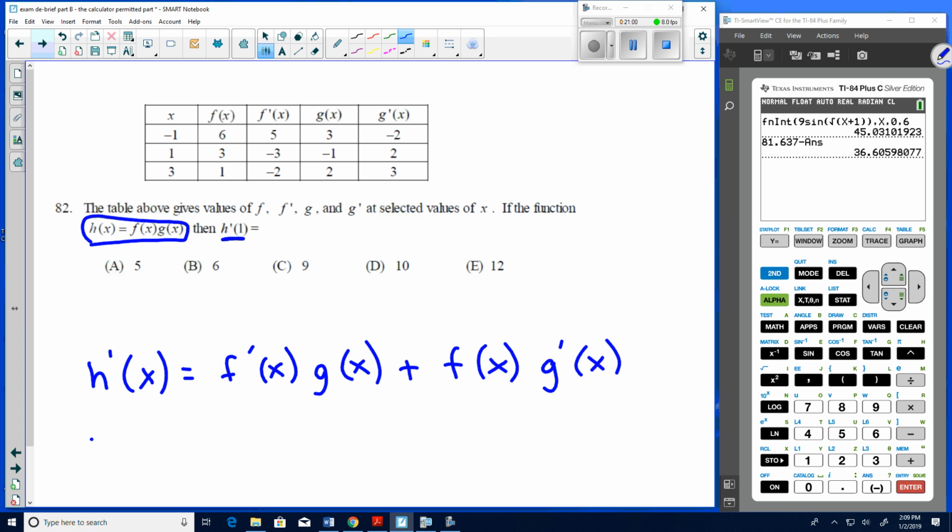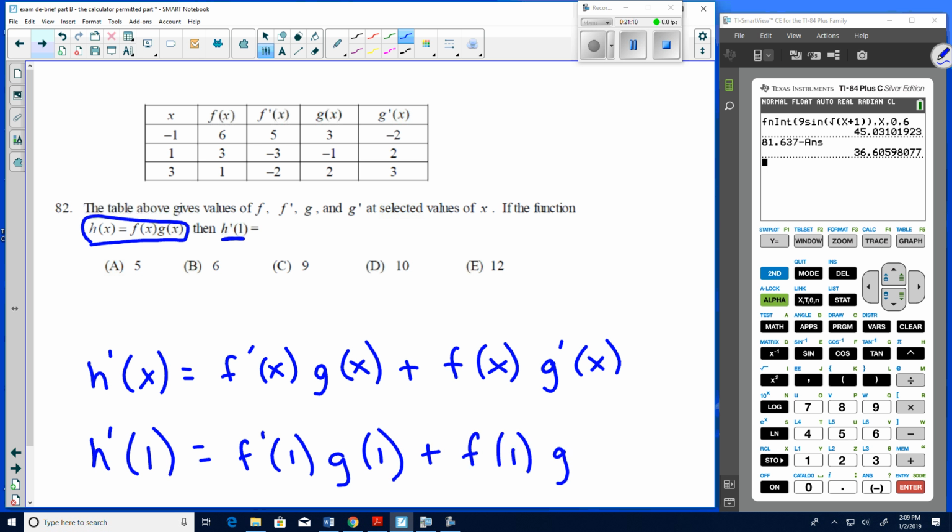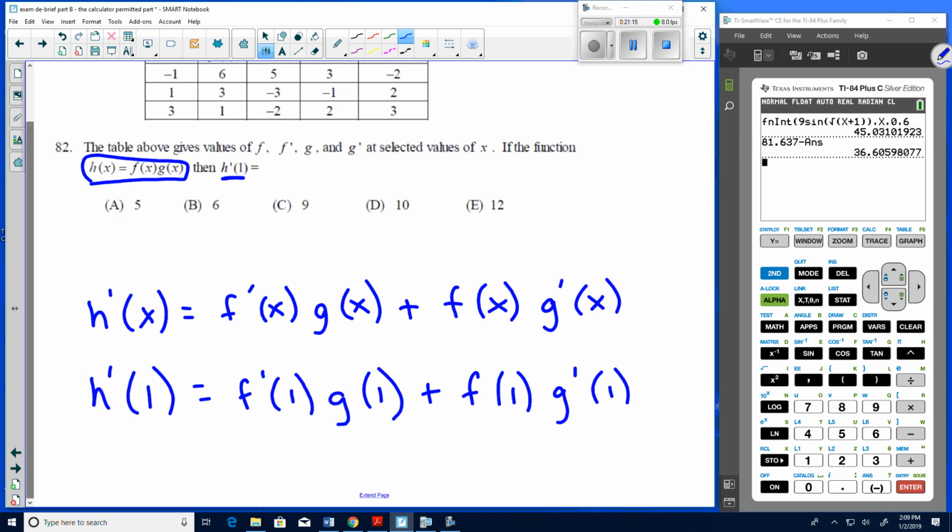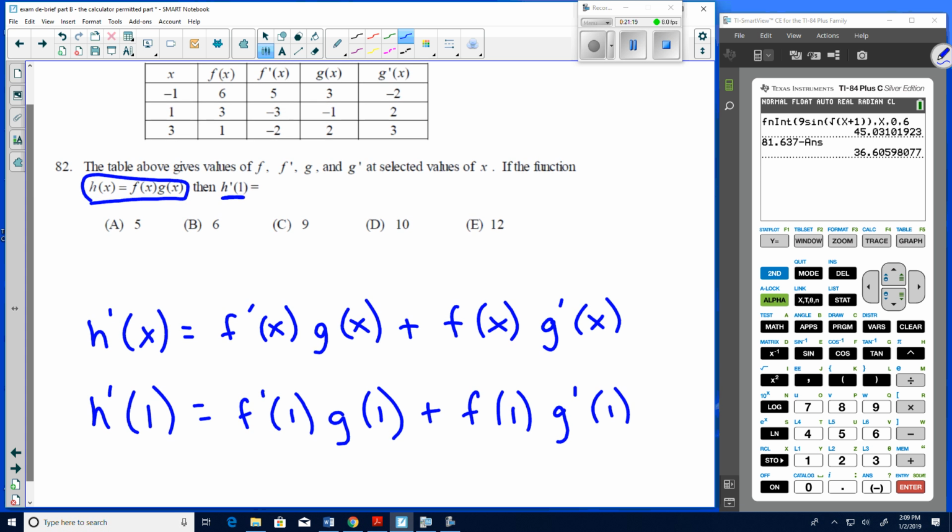So h prime of 1 is f prime of 1. You probably did a problem very similar to this when you did product rule stuff. It's in every calculus textbook. I'm sure I could find it in yours somewhere. So then we just go to the table and we chuck in the numbers. F prime of 1 is -3. G of 1, according to the table, is -1.